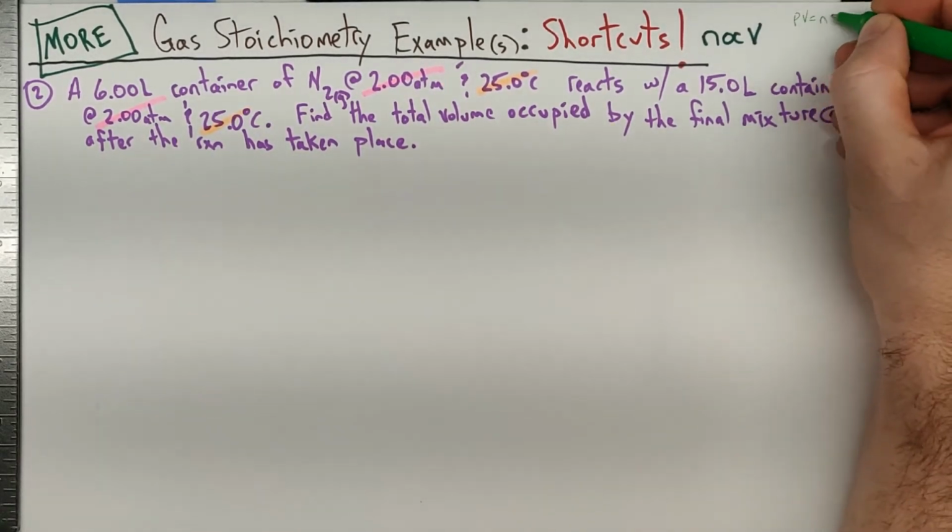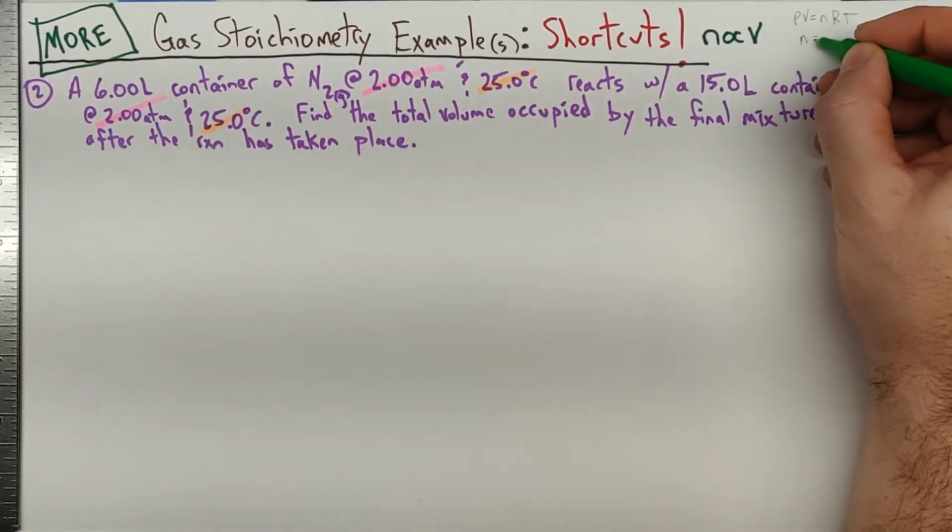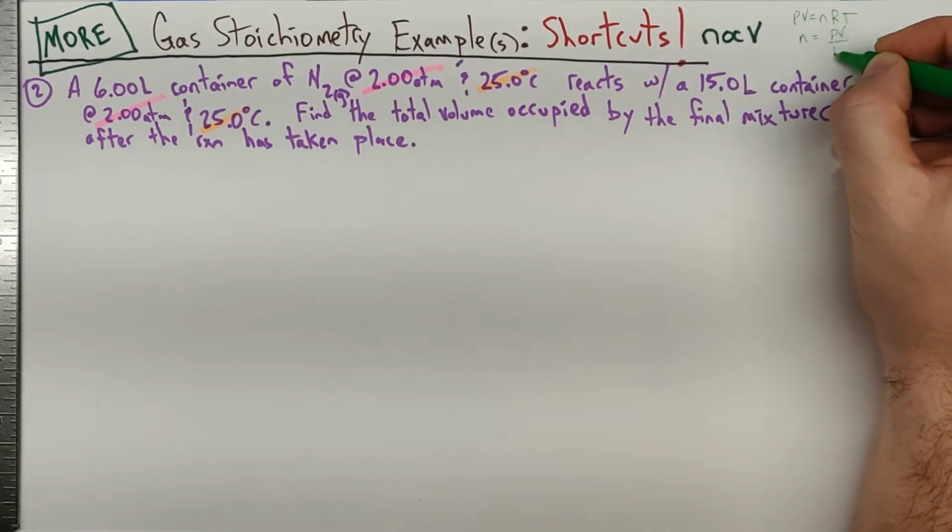PV equals nRT. And in this case, if we want to solve for n, n will equal PV over RT.